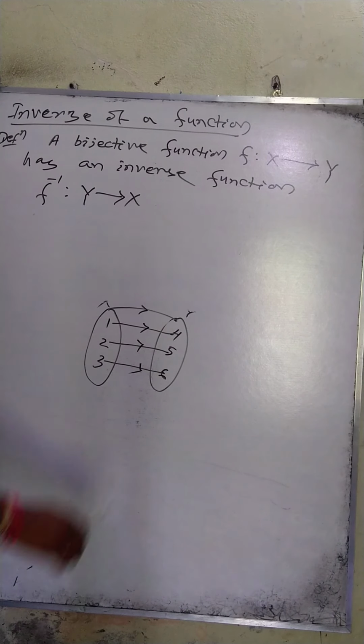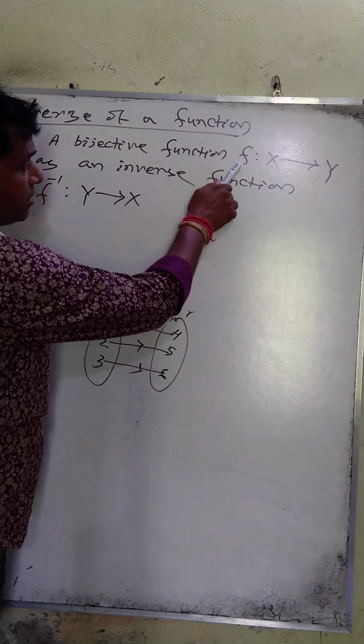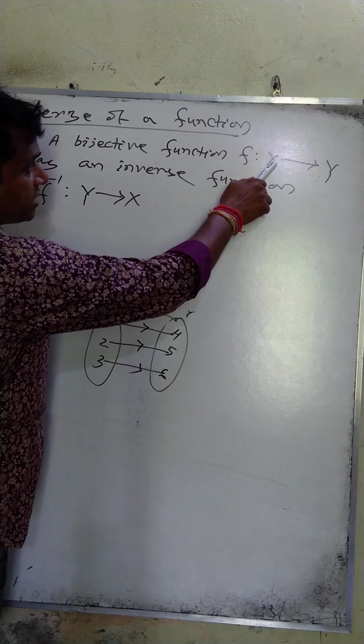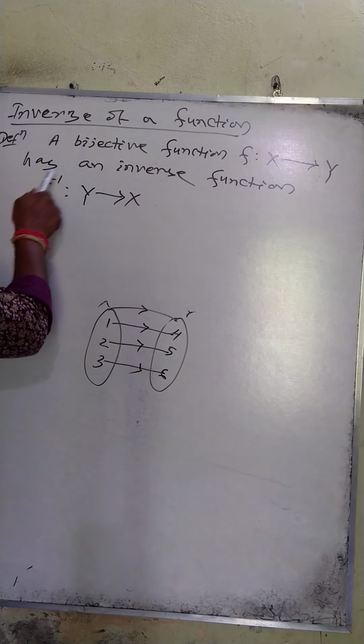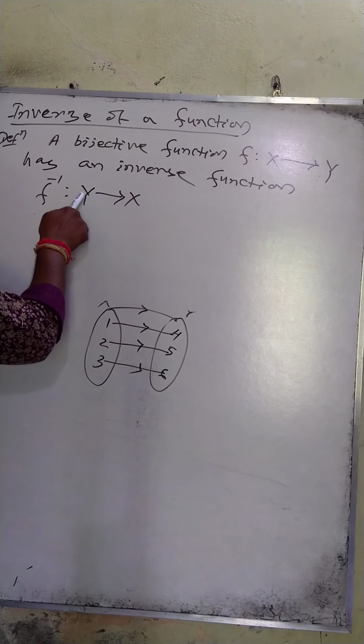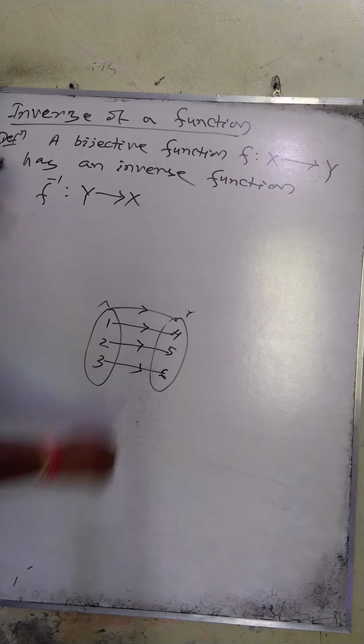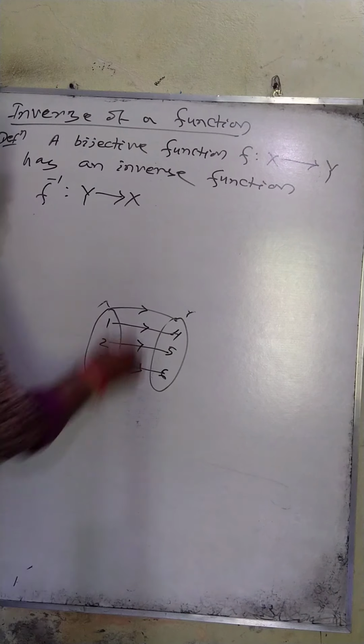That means in a function f, X is the domain and Y is the codomain, whereas in the function f inverse, Y is the domain and X is the codomain.